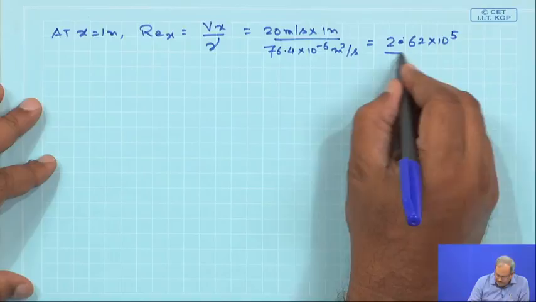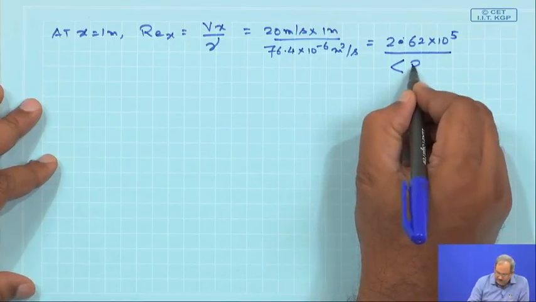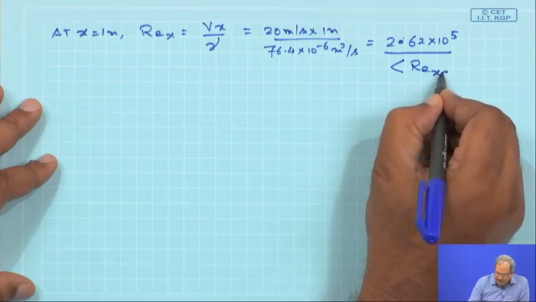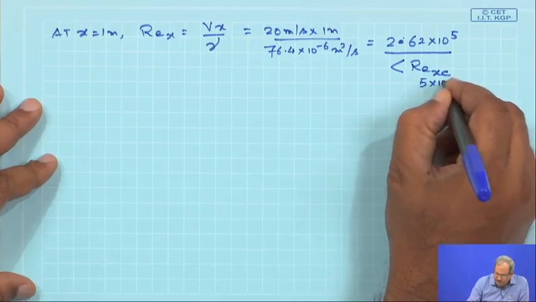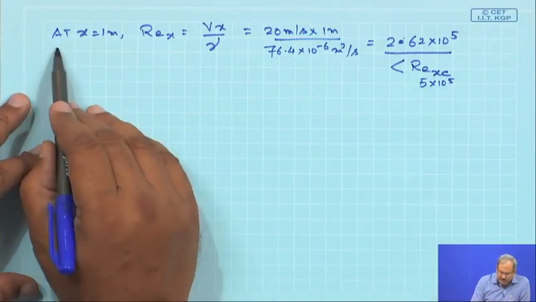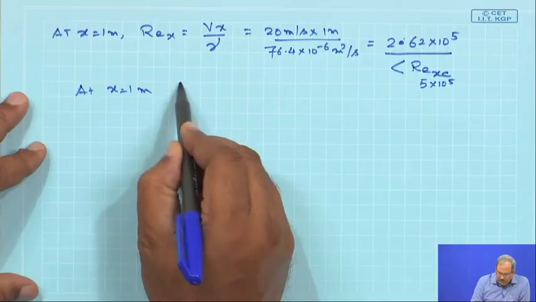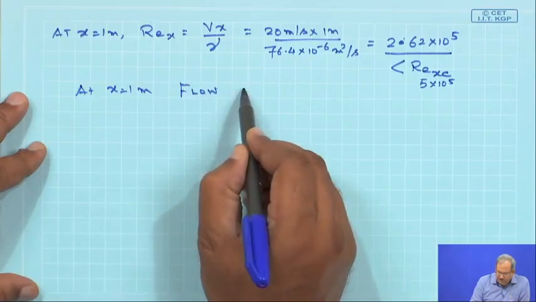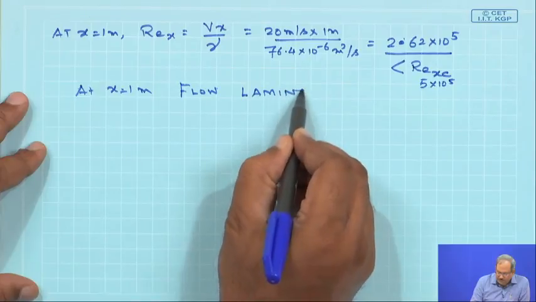As you can see, this is less than the Reynolds number at transition, which is taken to be 5 into 10 to the power 5. Therefore, at x equals 1 meter, the flow inside the boundary layer is in the laminar mode.